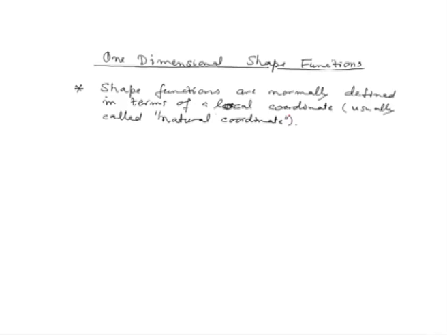So, how would you define the natural coordinate for a one dimensional element? Let us say we have got a one dimensional element, the extent of this element in x direction, suppose the length of this element is L. Now, the origin of this x coordinate could be anywhere.